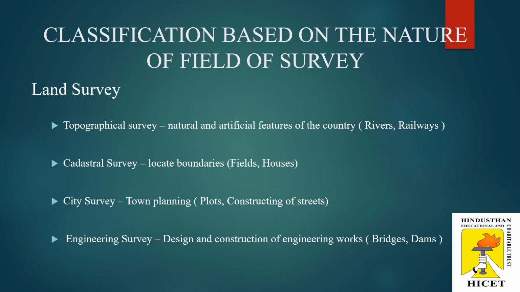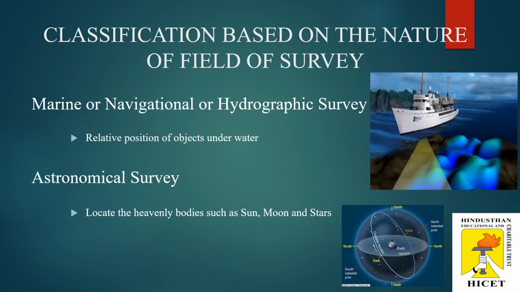Next one is classification based on the nature of field survey. So based on the nature we can classify the survey as marine or navigational or hydrographic survey. So marine survey is the one in which the relative position of an object under water is determined.